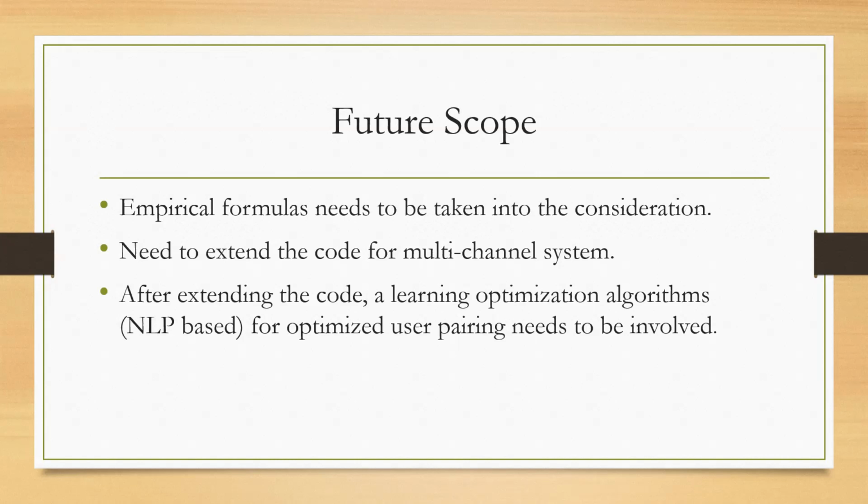Generally, as we have seen in the literature review, most of the optimization algorithms used are NLP, that is nature-based learning process algorithms, like particle swarm optimization, beehive, or genetic algorithms, etc.